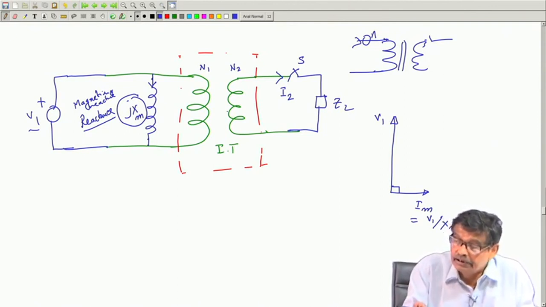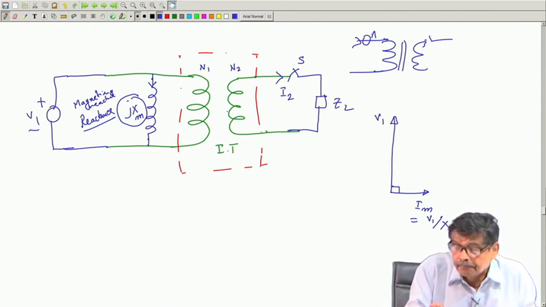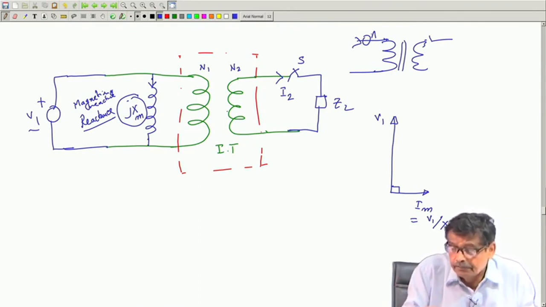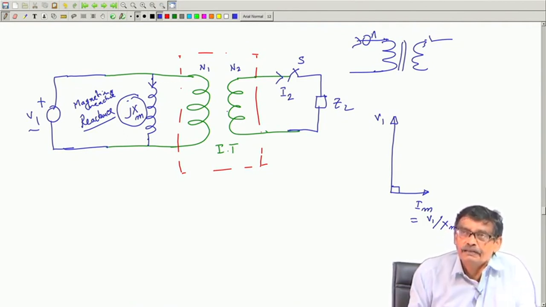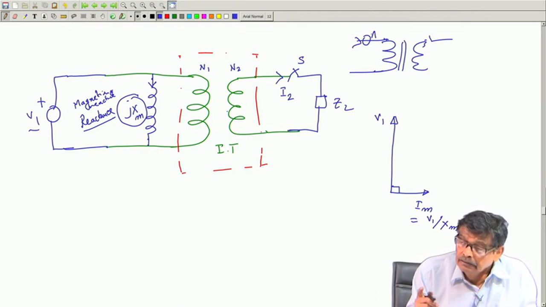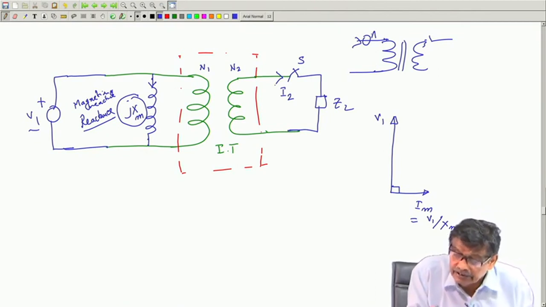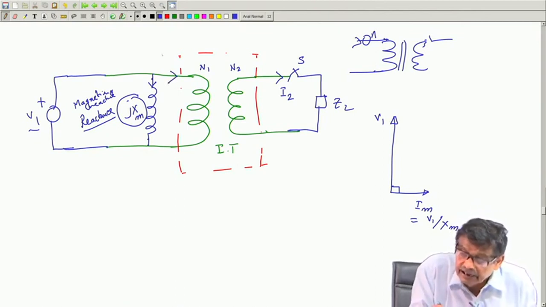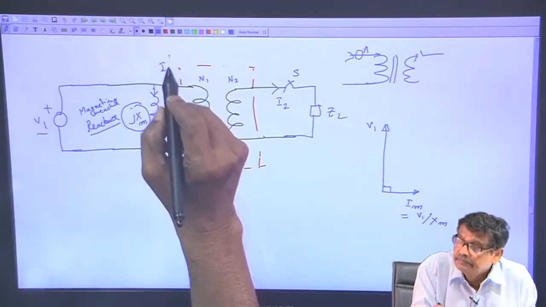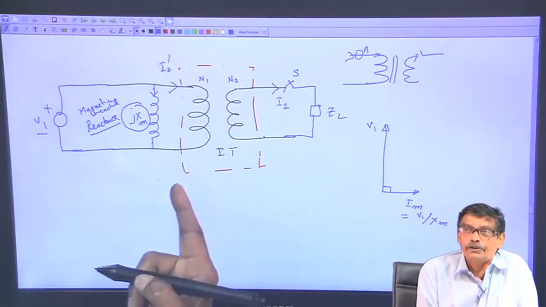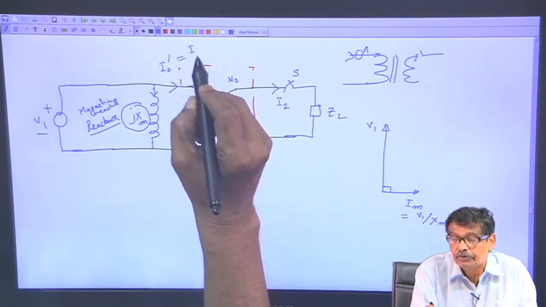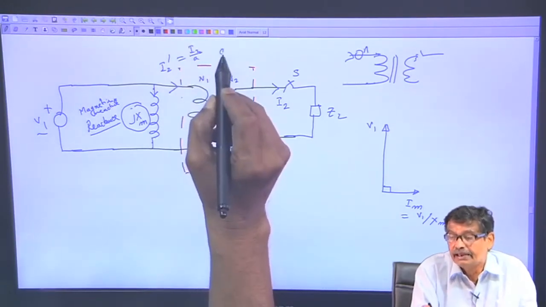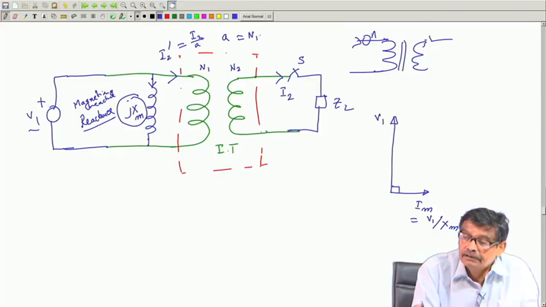And we know that when S was even opened, the current drawn from the supply was vanishingly small for this transformer, 0. But when I close it, this current has to be I2 dashed, because it is an ideal transformer. We have spent so much time on that, and this is equal to I2 by A, where A is N1 by N2.